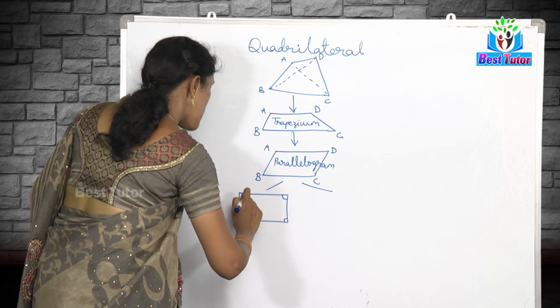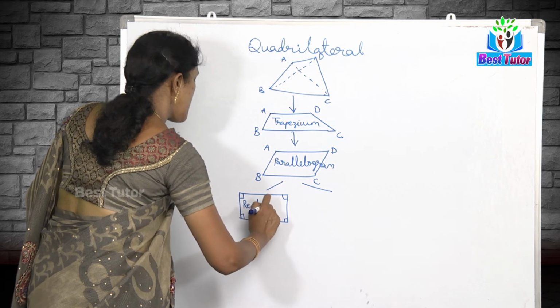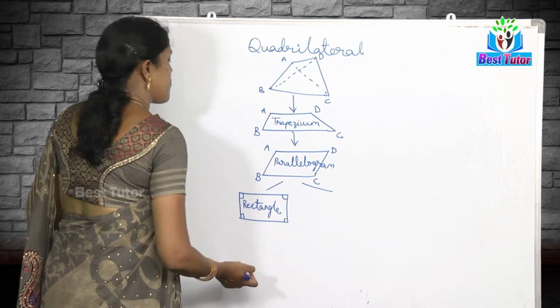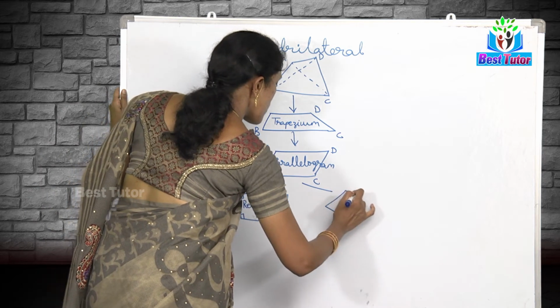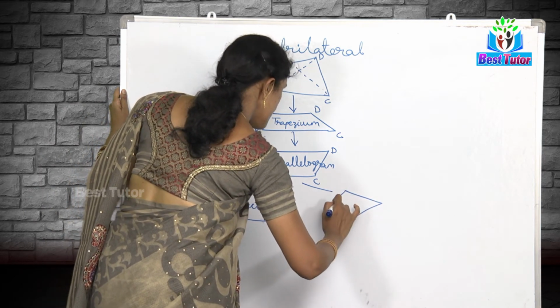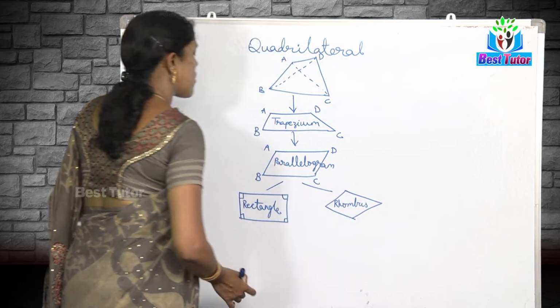All angles are equal, the parallelogram becomes a rectangle. If all sides are equal, then it becomes a rhombus. A parallelogram in which all sides are equal is called a rhombus.